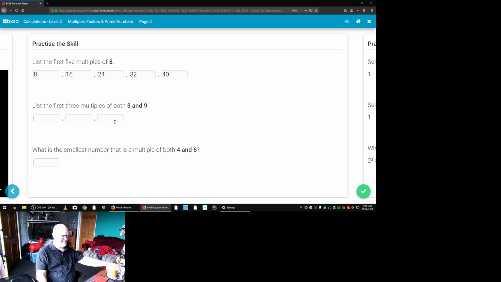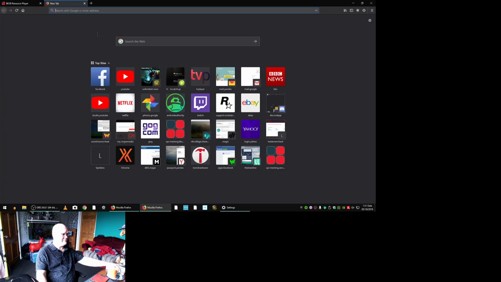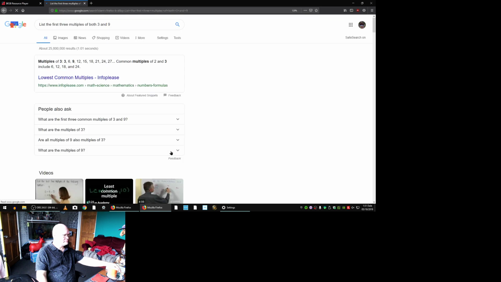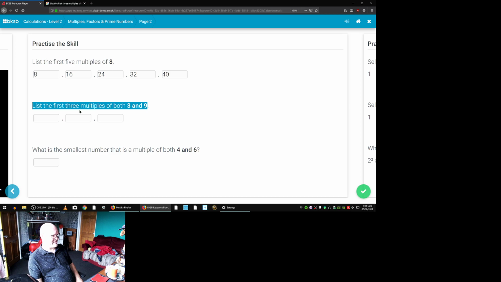That doesn't make any sense at all. So you Google that to see what they're trying to get at, because that's the only way you can learn from these. It didn't say the common multiples, did it? It just says the first 3 multiples of both 3 and 9.